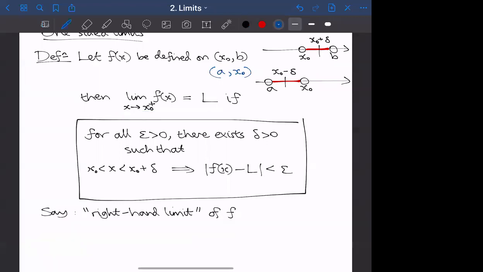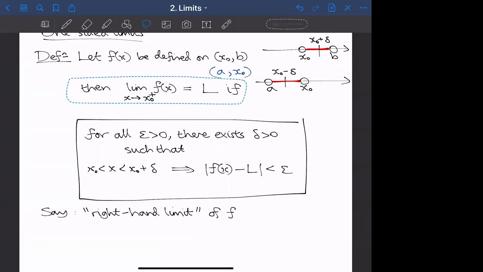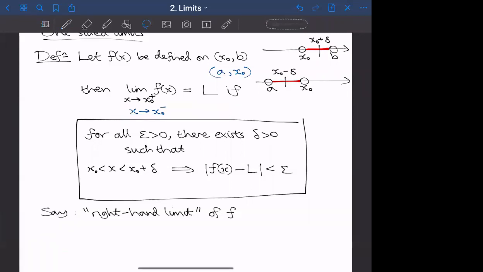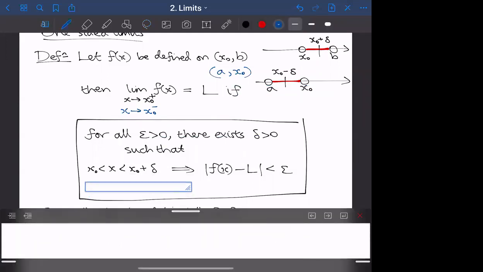Then the left-hand limit now, and I write this, x goes to x0 minus, equals L if, well, the same thing, but I ask for x to be in the interval from the left, given like that.